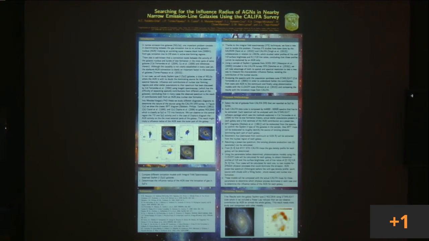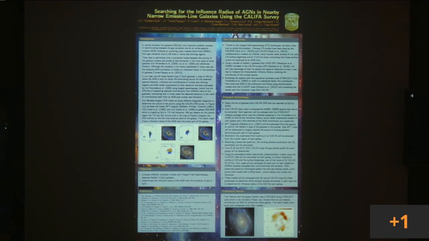We are working on the problem of separating the contribution of the AGN from the contribution of star-forming regions to the ionization of gas in the case of Seyfert 2 galaxies. For this, we want to develop a reliable method that can separate the contributions. We are using data cubes from the CALIFA survey, a survey of integral field spectroscopy.